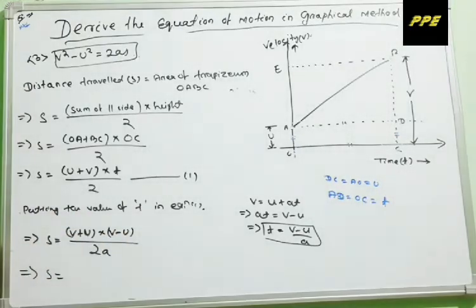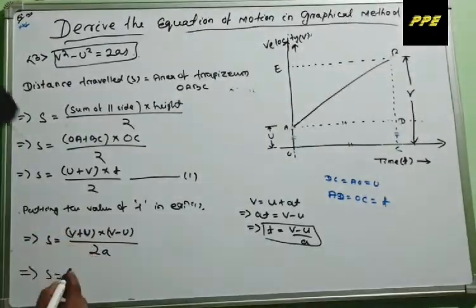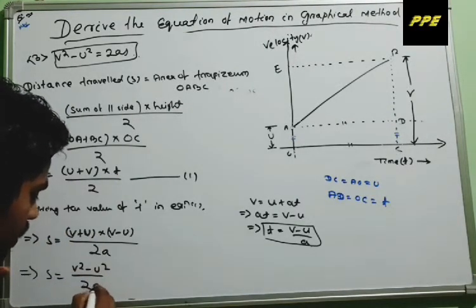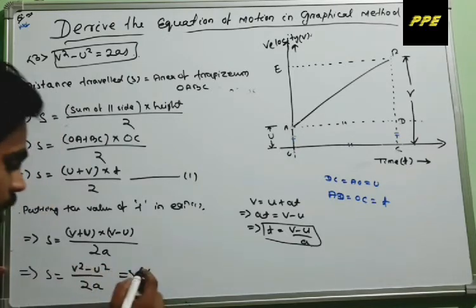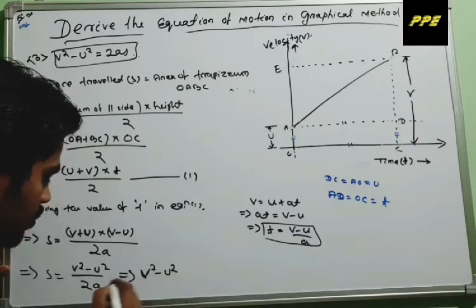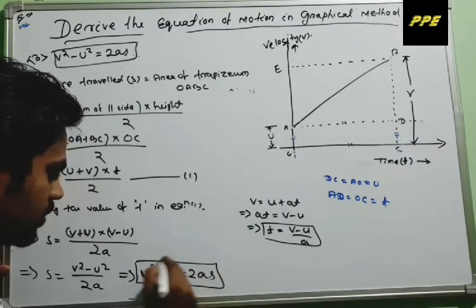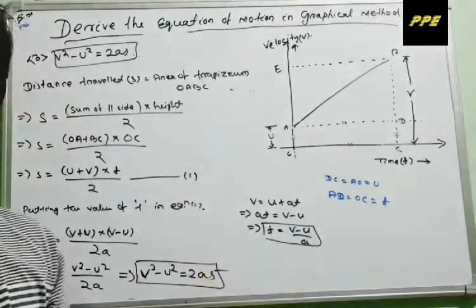What is the algebraic formula? That is a square minus b square. So I can write V square minus U square divided by 2A. Now cross multiplying, V square minus U square is equal to 2AS. Clear or not? This is the third equation of motion.